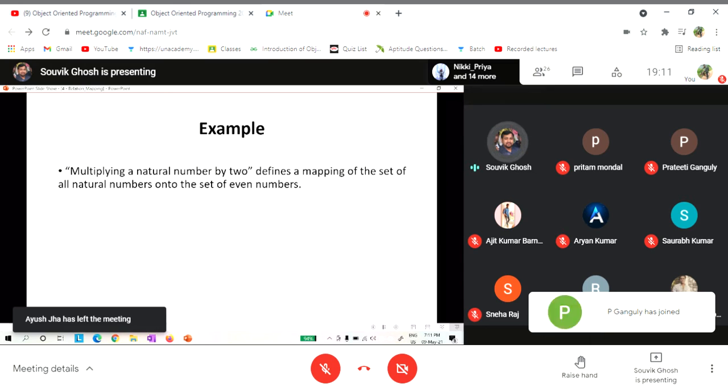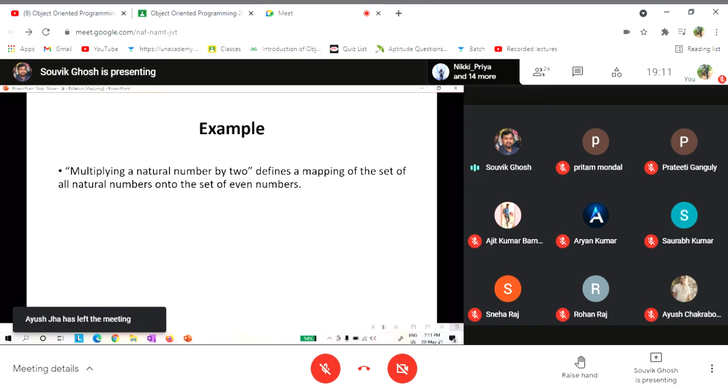So our domain is the set of natural numbers, and our codomain can be the set of natural numbers, real numbers, or integers, but our range is the set of even natural numbers.